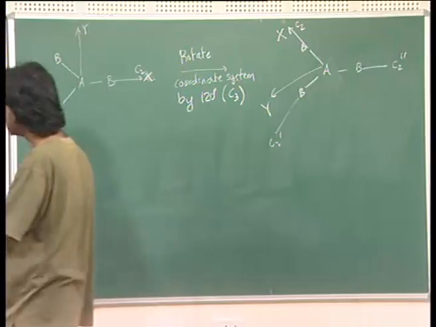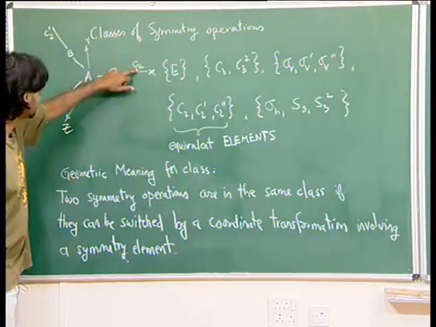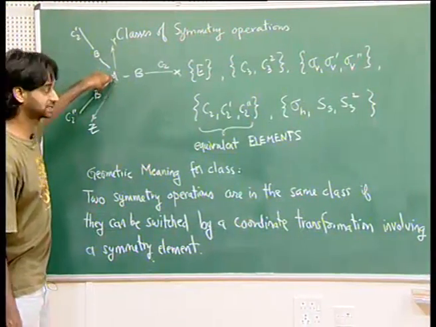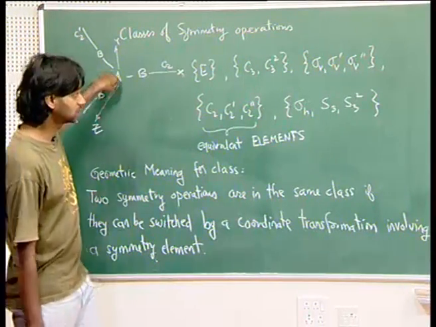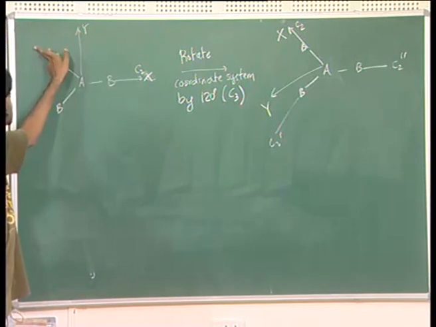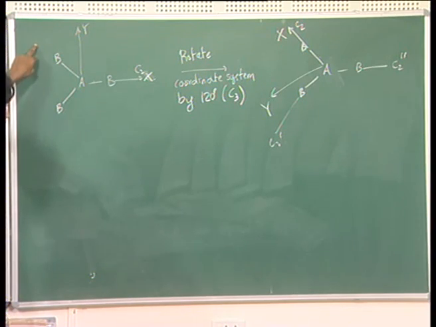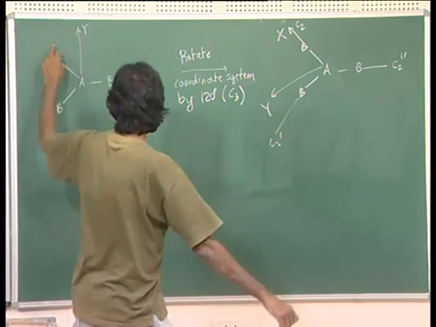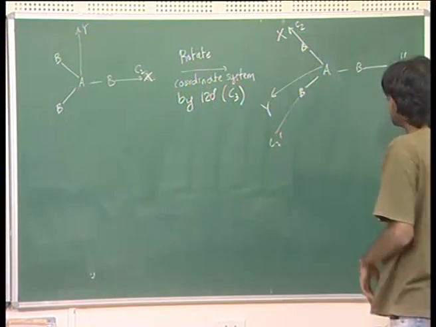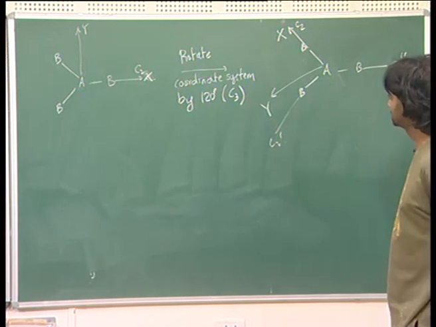So what I did is I transformed this symmetry operation to this symmetry operation by applying C3 on the coordinate system. By applying C3 on the coordinate system, I took this C2 axis to this C2 prime axis, and it turned out that I took C2 prime axis to a C2 double prime, and so on.